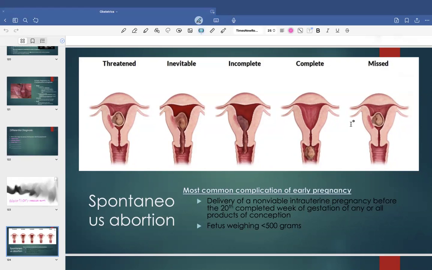It is the delivery of a non-viable intrauterine pregnancy before the 20th week of gestation, of any or all products of conception. Typically, the fetus weighs less than 500 grams. At this weight, it's usually around 16 weeks of pregnancy or earlier, the fetus usually has not developed the organs and systems it needs to live.